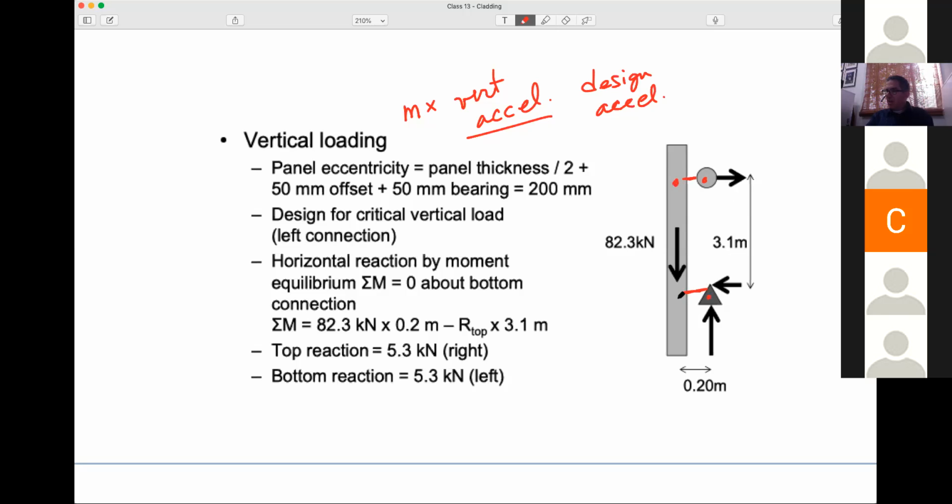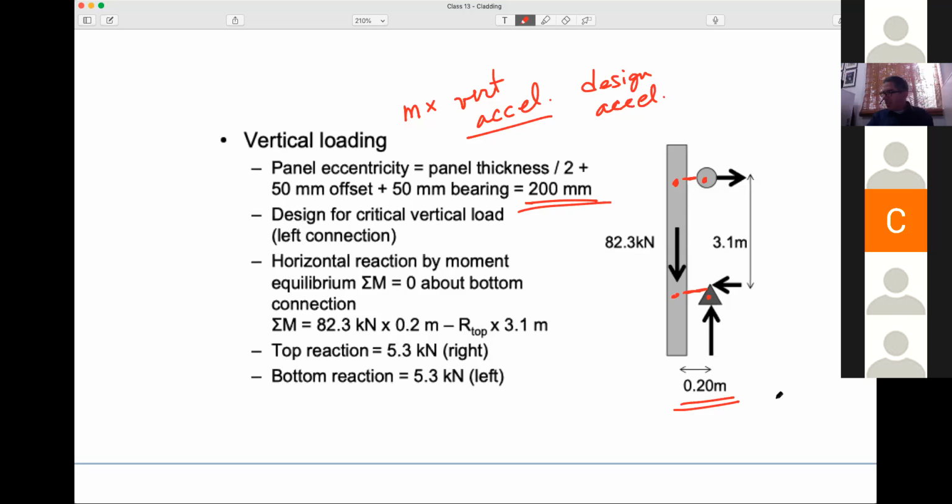They're not actually right in the wall. They are off the wall, so there's an eccentricity: panel thickness over 2 plus offset plus bearing. In this case it happens to be 200 millimeters. So it's a very small distance, but there is an eccentricity.